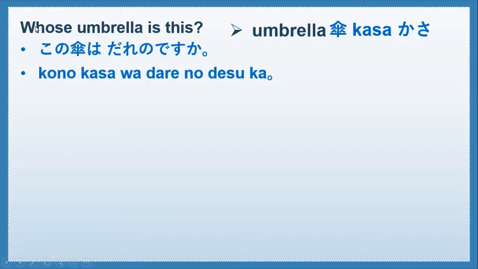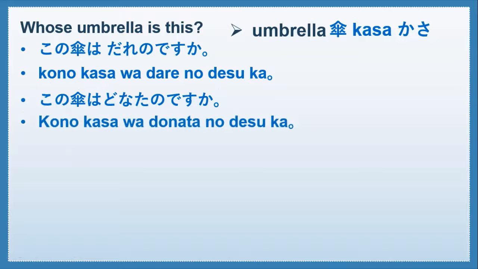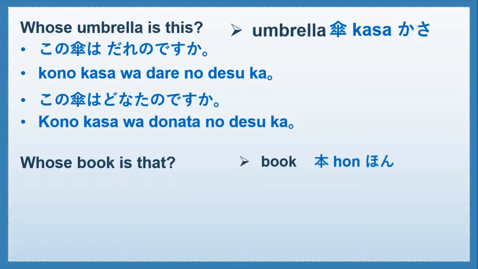And if we use どなた, この傘はどなたのですか？Let us look at the next example. Whose book is that? Whose is 誰の and book is 本.